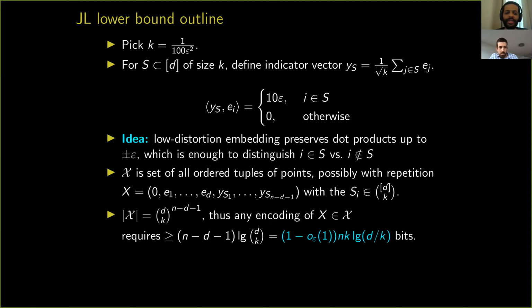So the collection script X has size d choose k to the power n minus d minus 1, because each one of those ys's could be anything from that collection of size d choose k, which is the set of all k-size subsets. Therefore, any encoding requires the logarithm of that number of bits, which is nk log d over k.